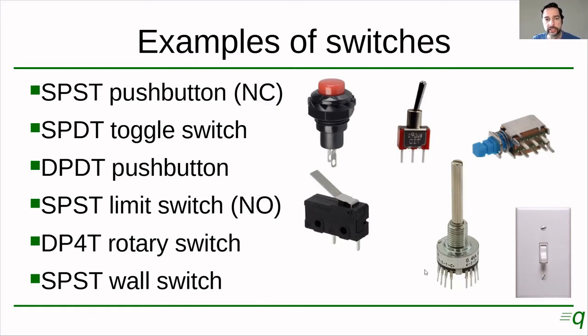Next here is a DP4T rotary switch. So it's double pole, 4 throw. So 4 throw will have actually 5 terminals. You cannot see those because of the angle of the picture. You only see 4 on this side and 4 on this side, but there's a 5th behind here and a 5th behind this one.